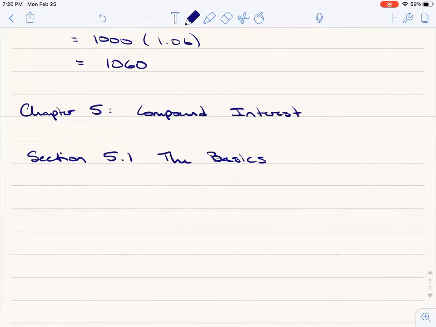The difference with compound interest is that at some compounding frequency, monthly, yearly, daily, whatever, we'll learn how to deal with all of those, the bank is going to check in and add the amount of interest that you've earned to the principal amount. Then you earn interest on both the principal and the interest you've made. So you've got this snowball effect, compounding. You're essentially earning interest on your interest.